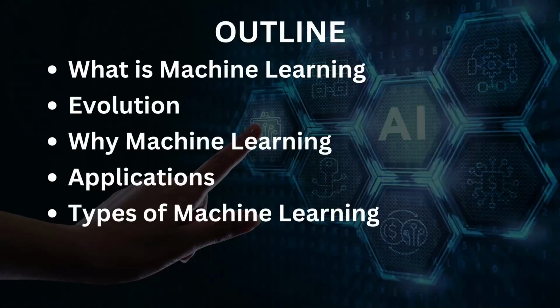So now, to start with, let us try to understand what machine learning is all about, how it has evolved over the period of time, why it is getting so popular, what its applications are, and what the different types of machine learning algorithms are. So, what is machine learning?